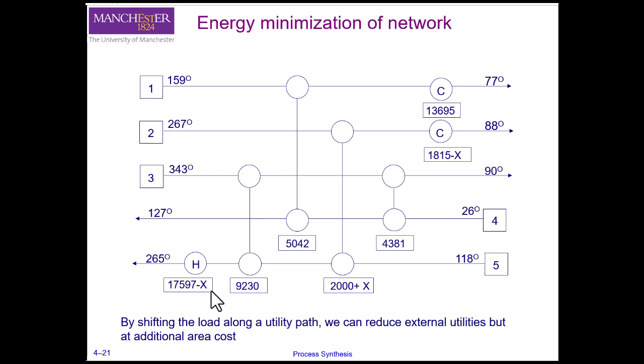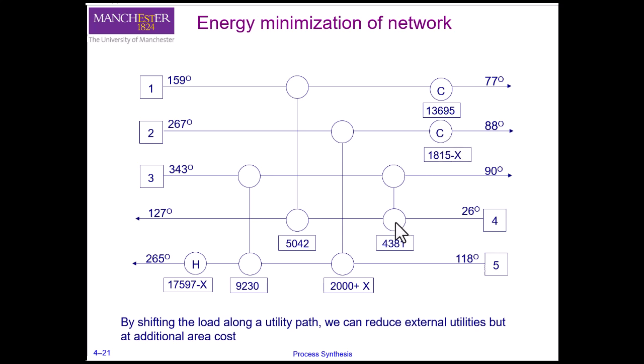The value of this X can be different depending on different delta T min that you want to try. For example, we can have minus 1 megawatt, plus 1 megawatt, plus 1 megawatt, minus 1 megawatt.